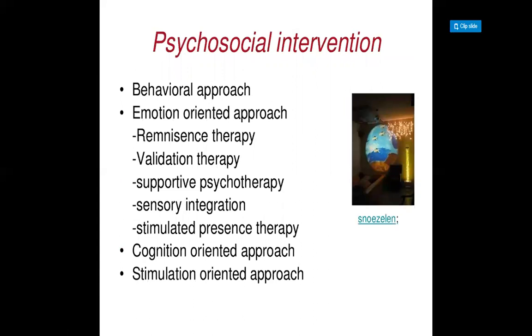Then what psychological interventions do we have to perform in the patient who has Alzheimer's disease? First we have to do the behavioral approach. In the behavioral approach, we have to observe the patient's behavior, and according to the patient's behavior we have to orient the patient. Then next is the emotion-oriented approach.